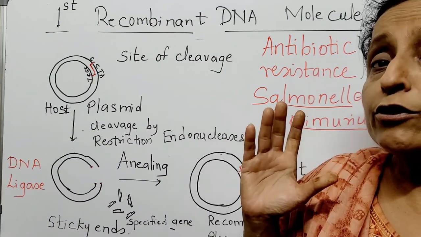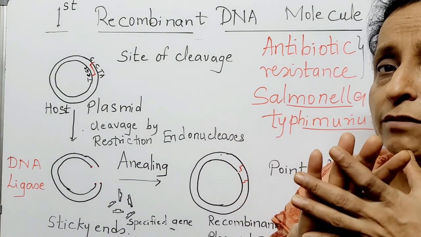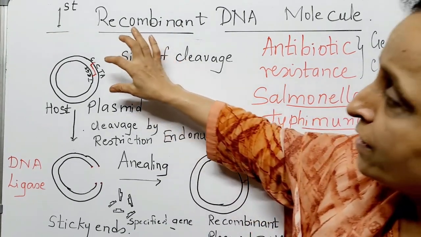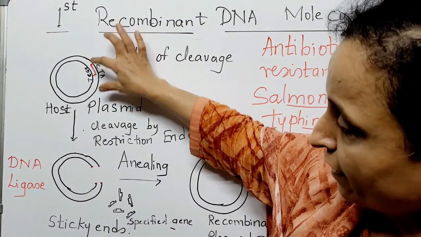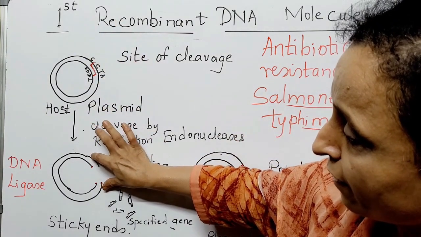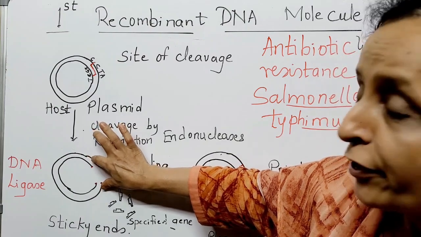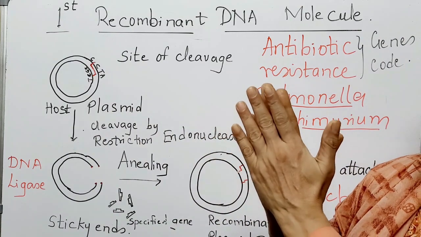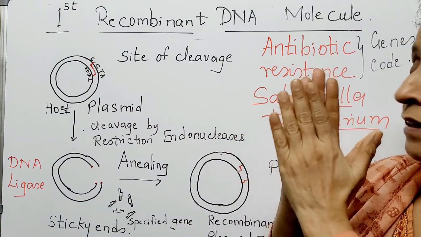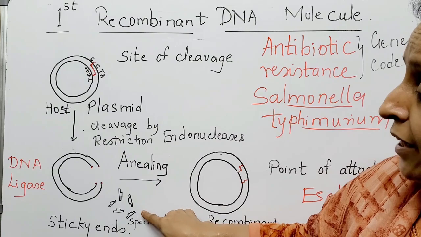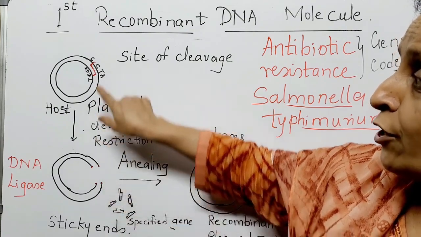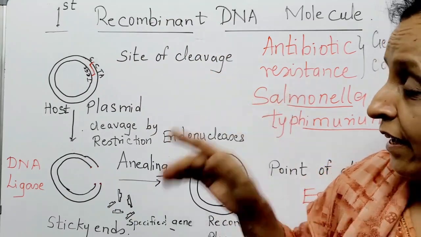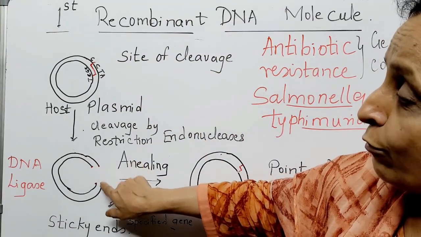Previously that plasmid did not have antibiotic resistance, but with the transfer of this DNA, space is created by annealing, making the DNA single stranded and removing some sequence to make space for this genetic material, which has got sticky ends, and these ends are also sticky.